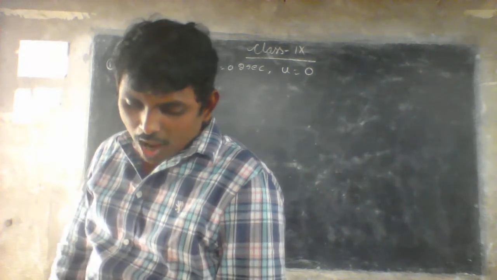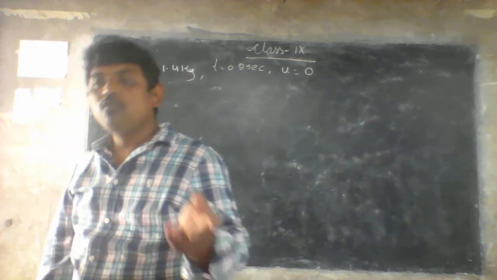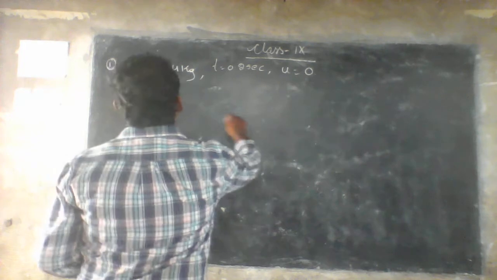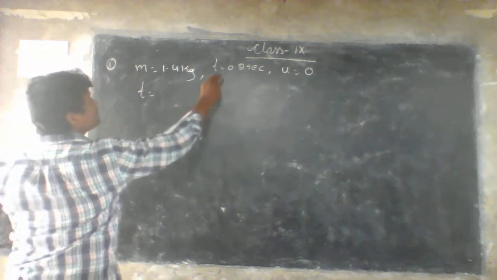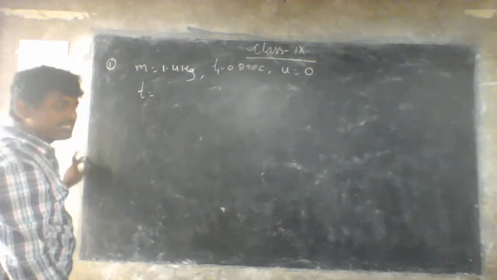The force stops to act but the object moves through 4 meters in the next 2 seconds. So initially for 0.2 seconds it was at rest, initial velocity is 0.